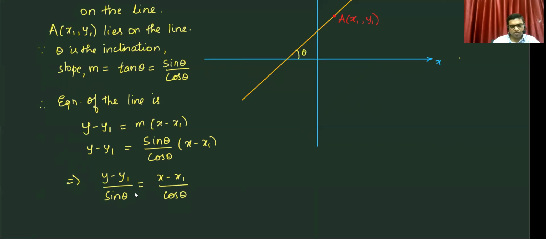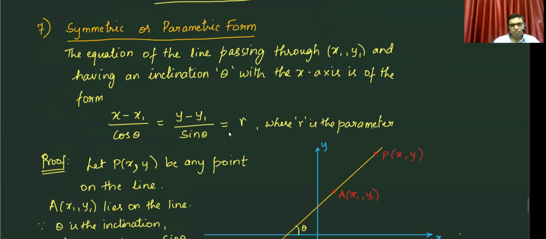So this is this form. But what is this r? Very interesting, this r represents the distance of any point P from this fixed point x1, y1.